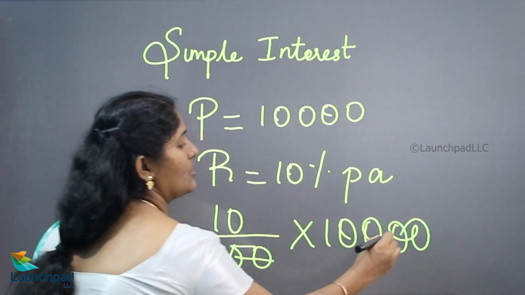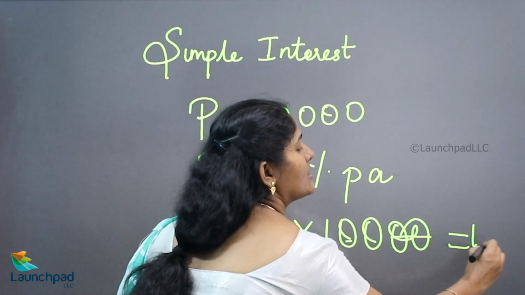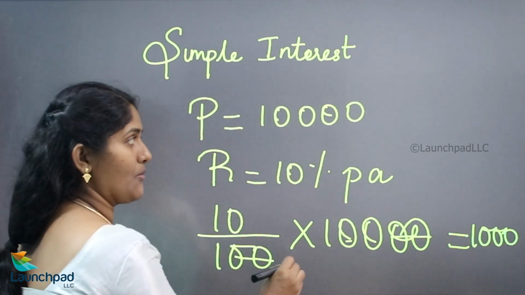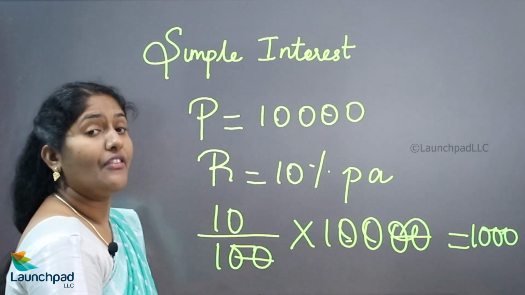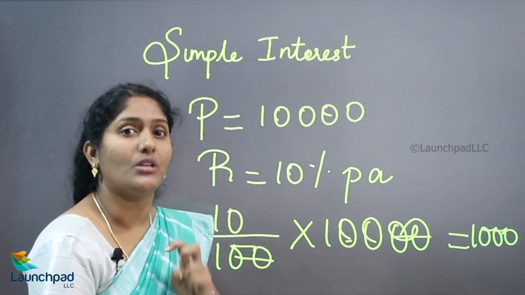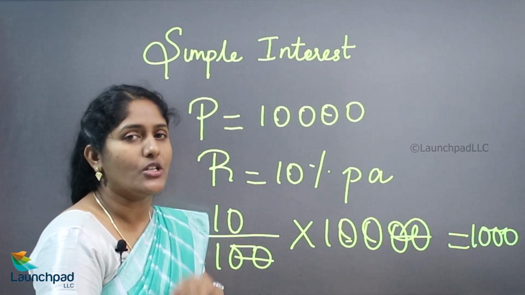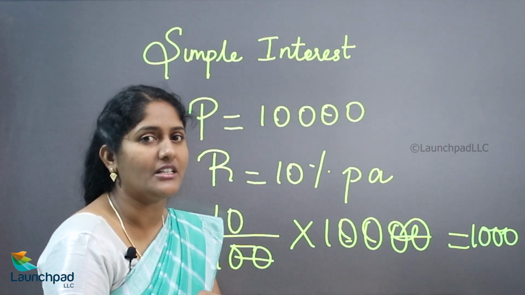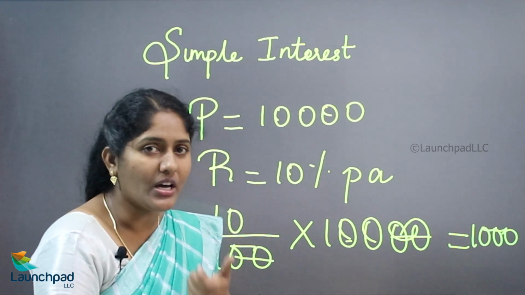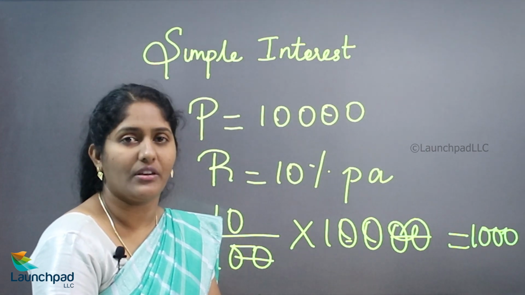That is 1,000 rupees. This is the SI amount of 10,000. If it is 2 years, it will be 2,000. For 3 years, it will be 3,000. So in simple interest, the interest amount does not change at any time. If 1,000 rupees is your interest, it will continue till the number of years.